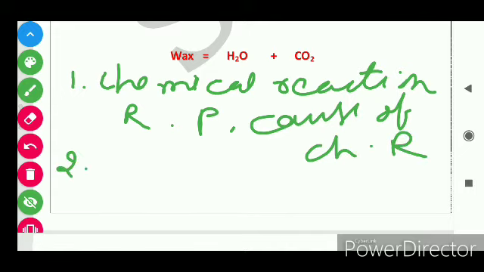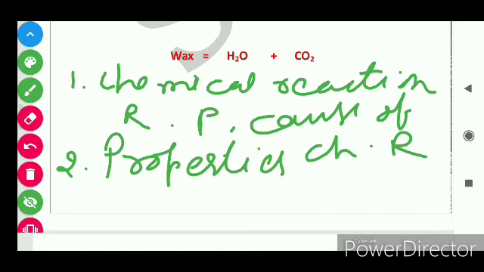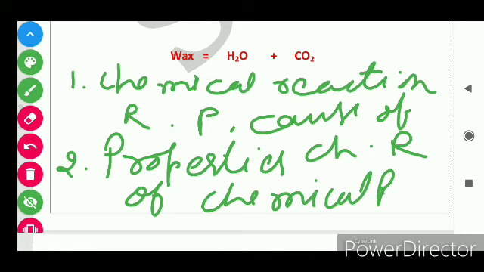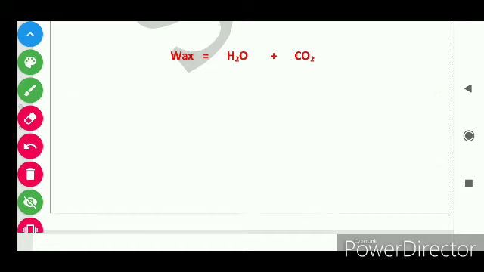Second, we learned the important properties of chemical reaction. In properties of chemical reaction, we learned 5 properties.